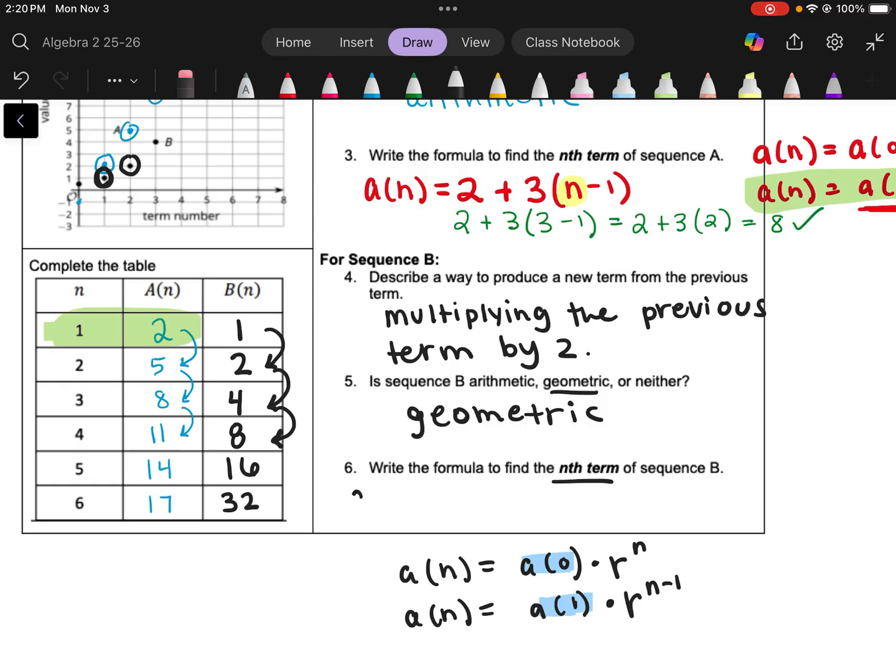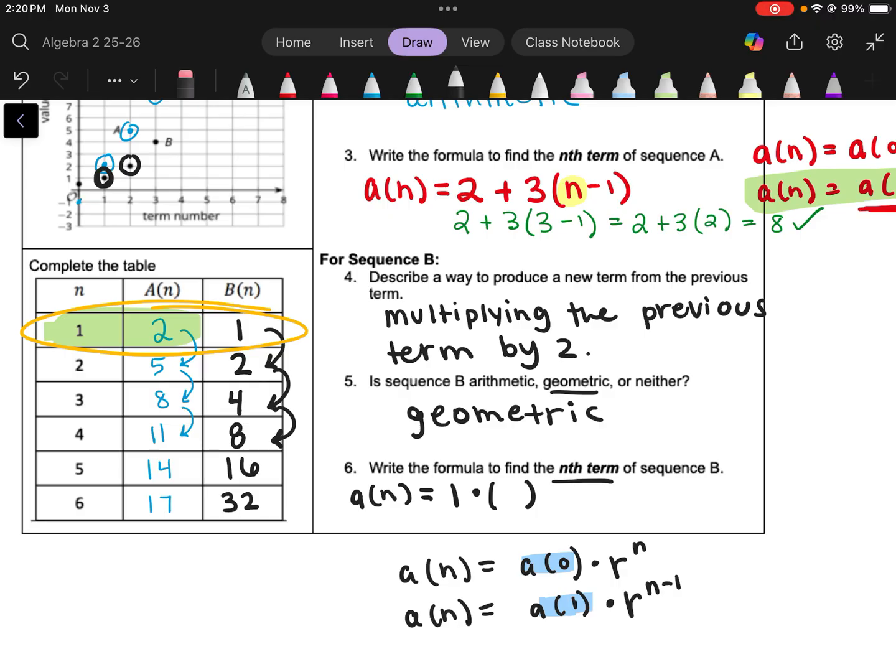Okay, so a of n equals, I'm going to again start with the first term because I have that listed in the table over here. The first term in sequence B is 1. So I have a 1 times, we usually put r in parentheses just to be safe. If that's a negative or a fraction, it has to be in parentheses. So if you just want to put it in parentheses every time, then you don't have to worry about when to use parentheses.